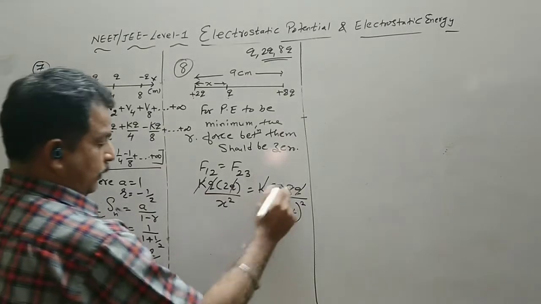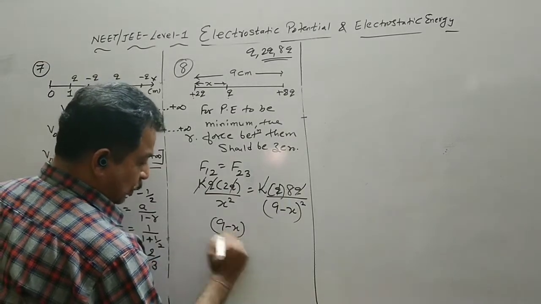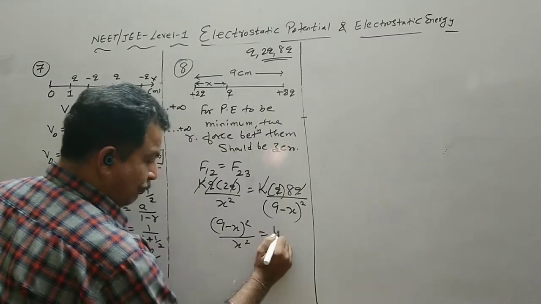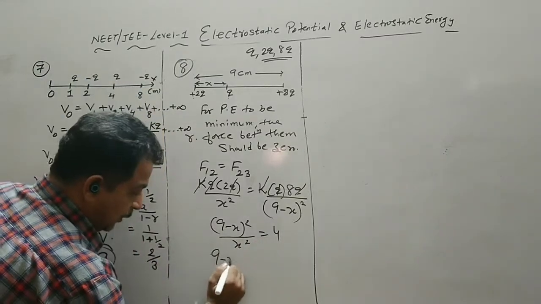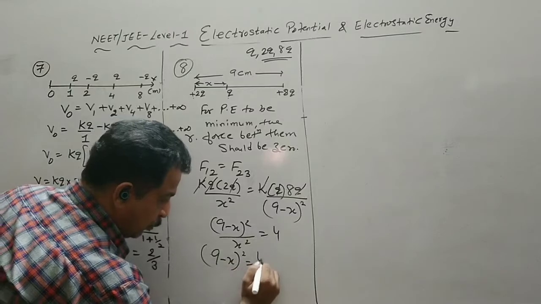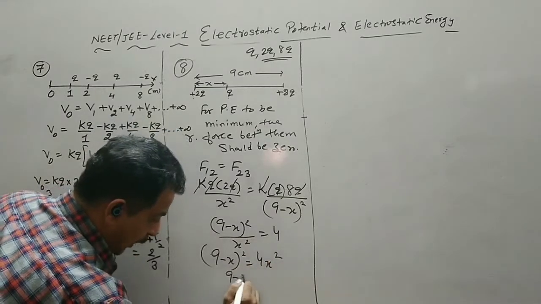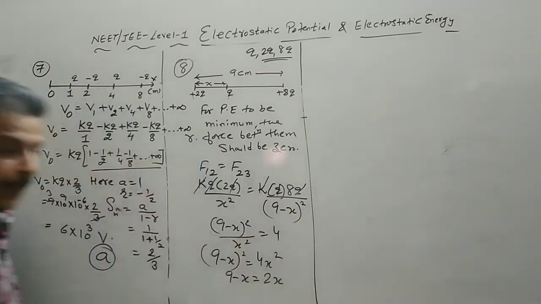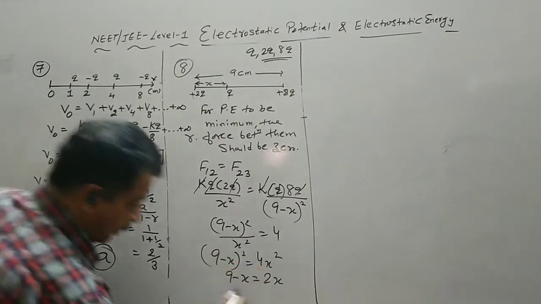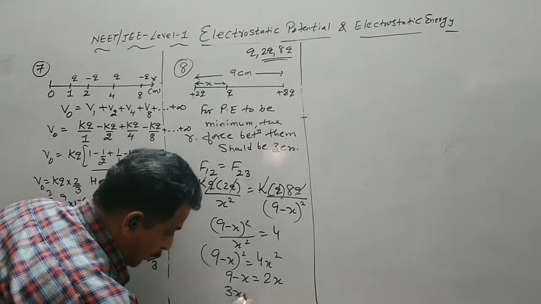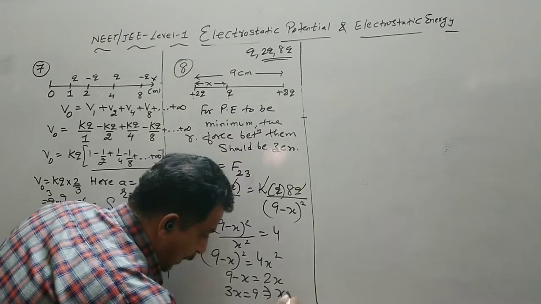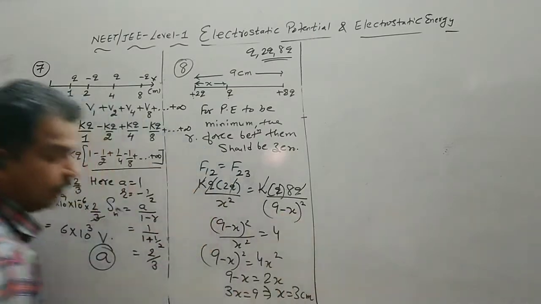So we have 9 minus x whole square upon x square is equal to 4. That is 9 minus x whole square is equal to 4x square. So 9 minus x should be equal to 2x. So therefore 3x is equal to 9. This implies x is equal to 3 centimeter.